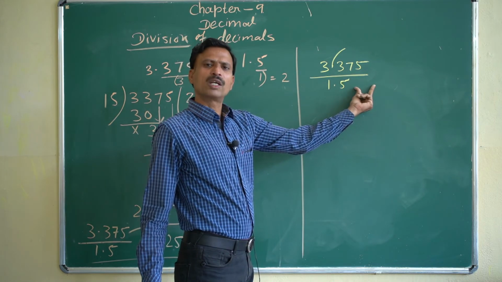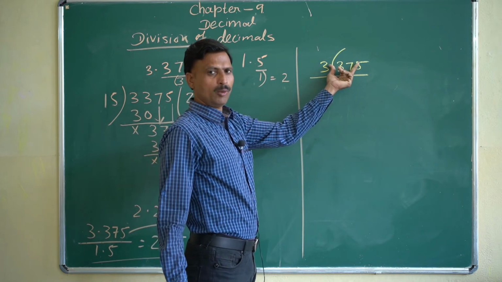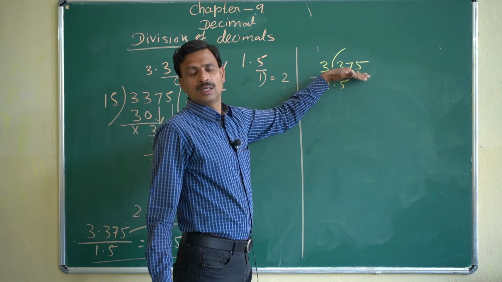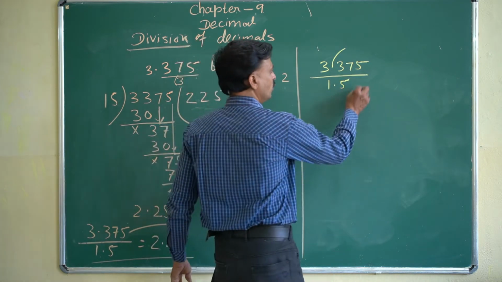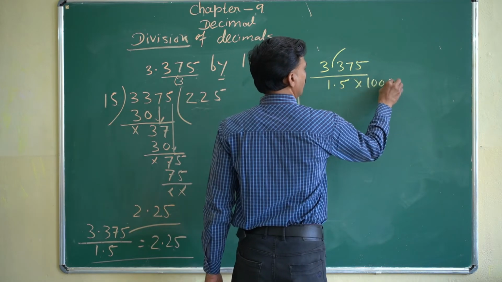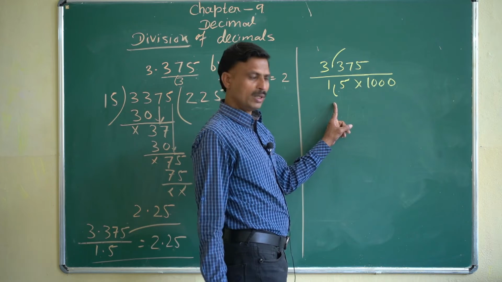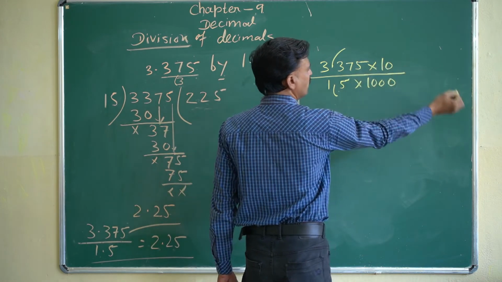Means in the denominator what will come? 1000 will come, because this number is in the numerator and we have removed the decimal, so as many digits as there are, that many zeros will come in the denominator, with 1. Means it will be 1000. And here, after the decimal there is 1 digit, in the denominator this number is, so in the numerator that much will come, that is 10.